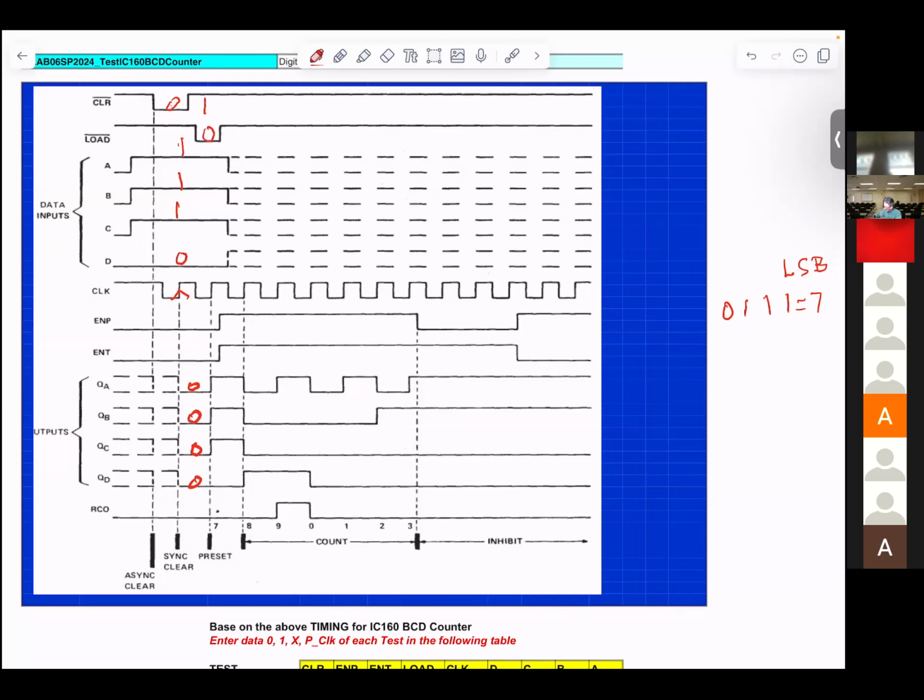What happens is when load goes to 0 and the clock goes from 0 to 1, then the output now will be 1, 1, 1, 0, number 7. You see that?